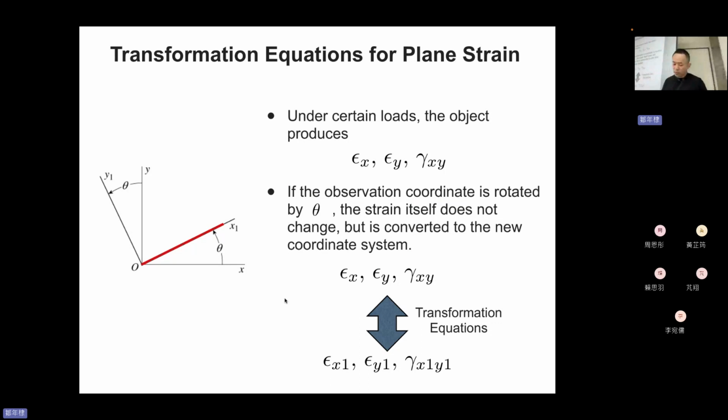Just the components change. We know epsilon x, epsilon y, gamma xy in the x-y axes. However, we want to see epsilon x1, epsilon y1, gamma x1y1. Okay, so again, this is known, this is unknown. Then we are going to do the transformation equation.